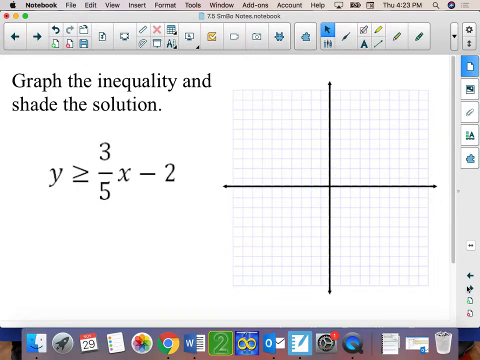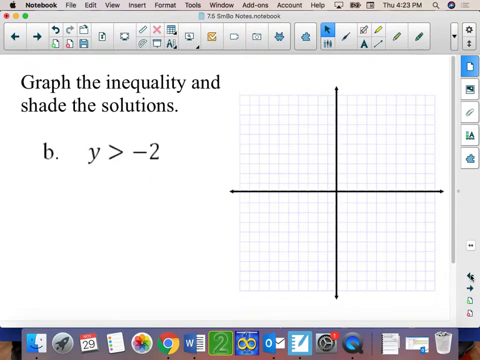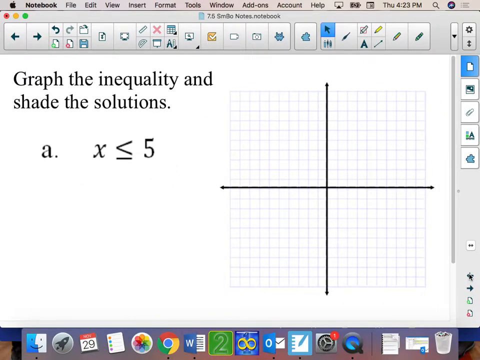All right. So now I'm going to go back and let's do this first one that I had. Okay, so we're going to graph this x is less than or equal to 5 line. So remember when it's just an x line, we're graphing a vertical line. So we're going to go to where x is 5, and we're going to put a point, and then we're going to graph a vertical line through that.